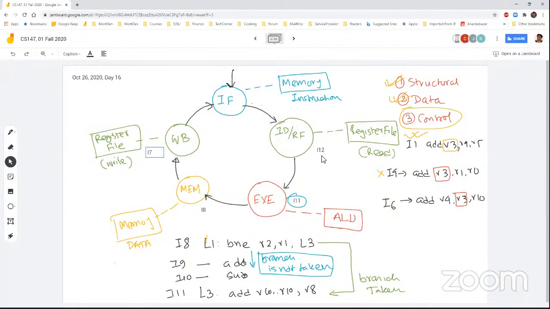So in this case, this one is purged from the pipeline, and a bubble is inserted, or null.